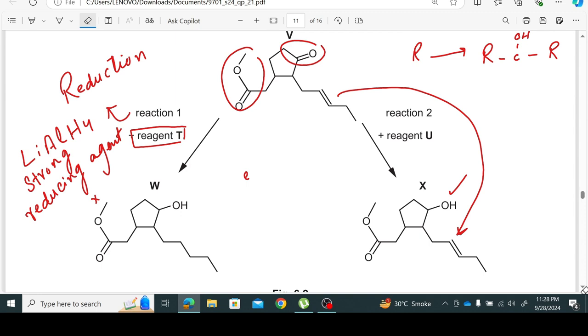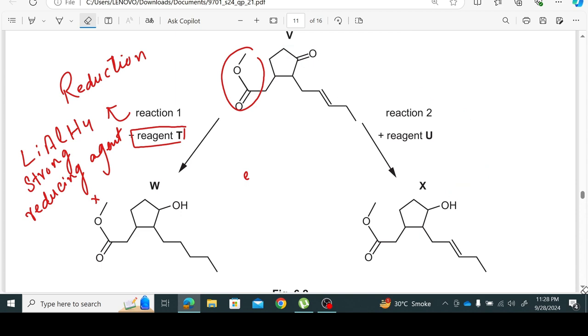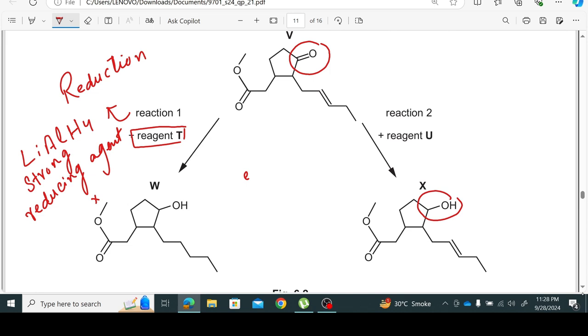You are selecting the one function group. So then you will use a mediocre type of reducing agent.